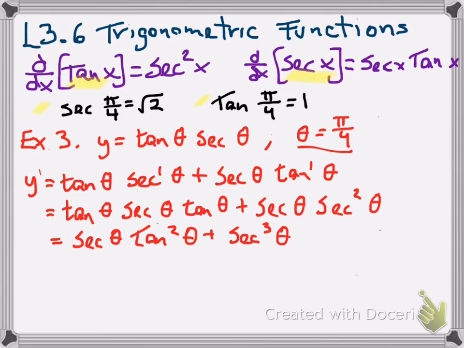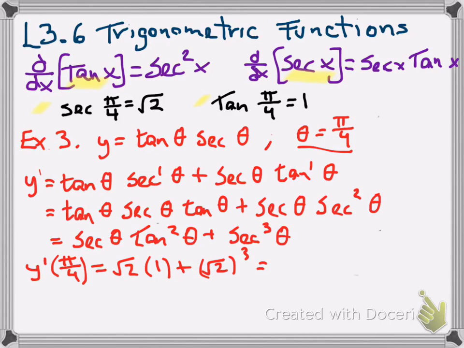Now I'm going to plug in the values. y prime of pi over 4, which is the point where I want to find it, I will plug in secant of pi over 4, which is square root of 2, times tangent squared, which is 1, plus secant cubed, which is square root of 2 cubed.